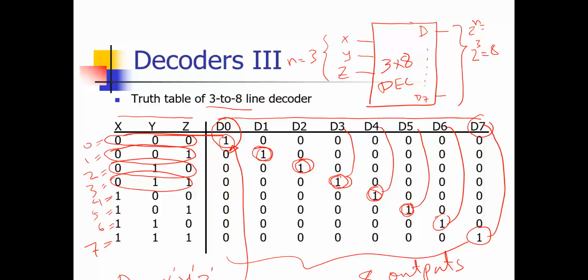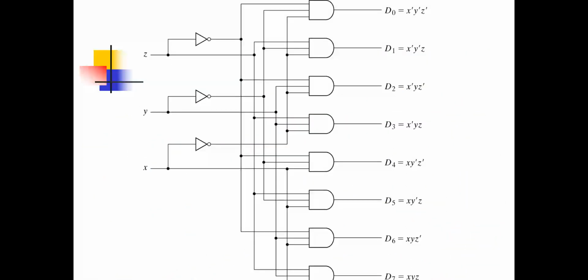If we go back here, we can see that D0 is activated when you have x prime. You can see this line coming down all the way from here. This is z prime, this is y prime coming in here, and this is x prime coming in here.